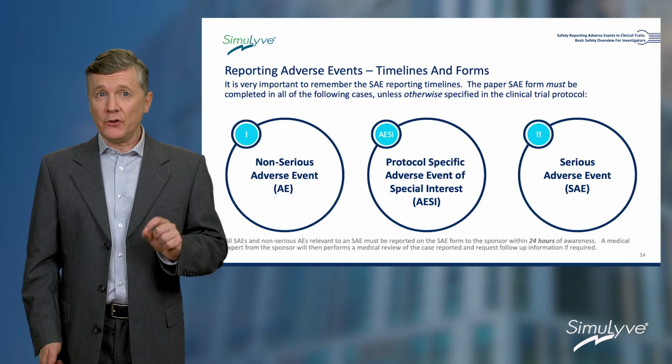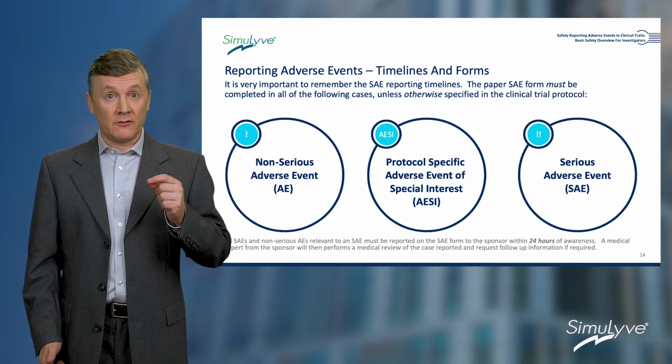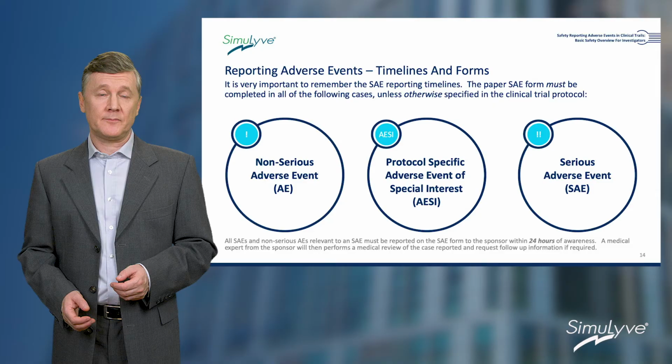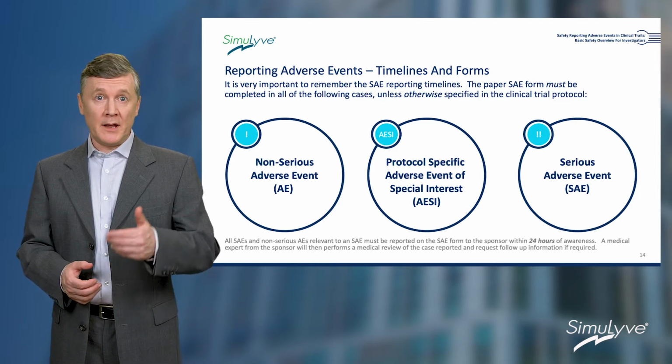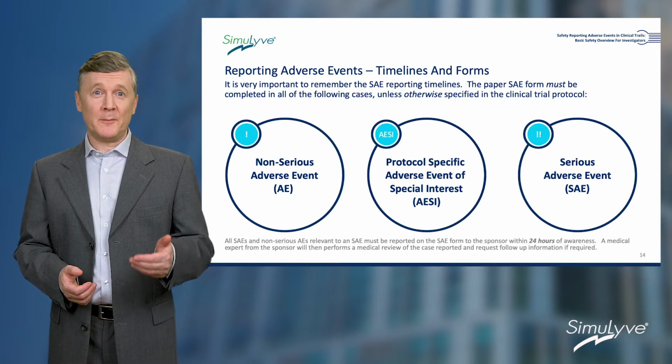If there is a non-serious adverse event, an AE, if it is relevant to the SAE or AESI. All SAEs and non-serious AEs relevant to an SAE must be reported on the SAE form to the sponsor within 24 hours of awareness. A medical expert from the sponsor will then perform a medical review of the case reported and request follow-up information if required.